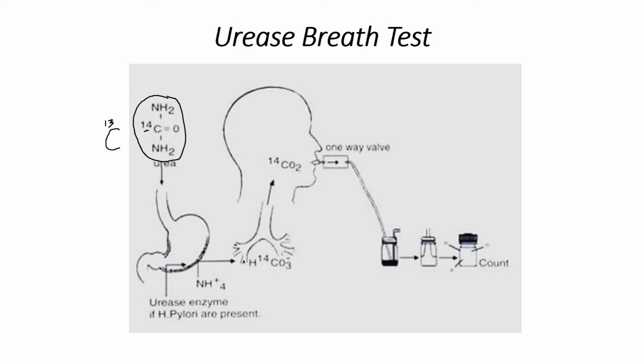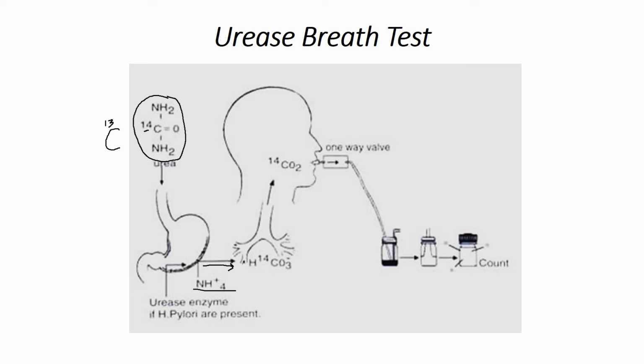So this urea is taken up as a pill form, it's swallowed, it's into the stomach, and if urease is present, because we do not have this enzyme, if it is present, this H. pylori will generate the ammonium ion, which is part of the neutralization of the acid, and it will also evolve carbon dioxide.